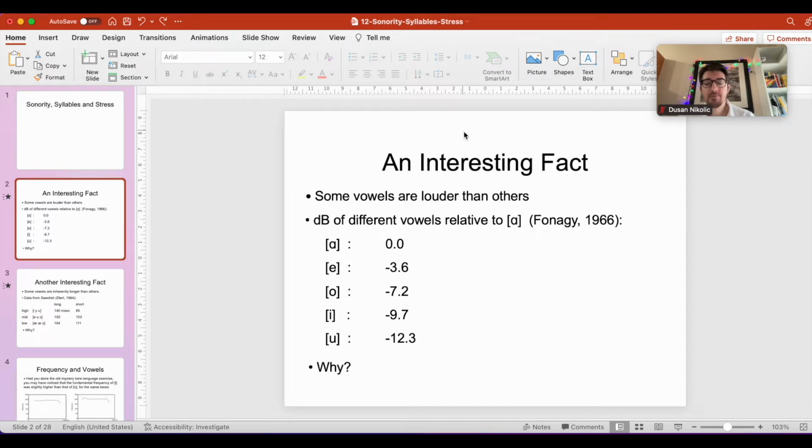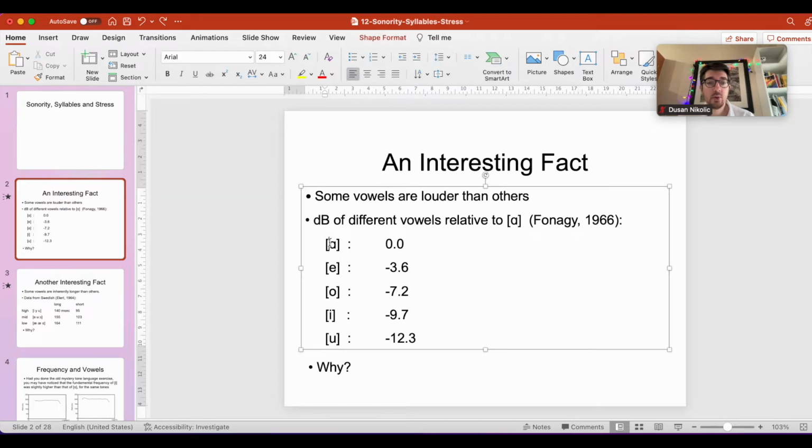For example, in a study by Fónagy in 1966, they found that relative to the vowel A, the vowel that has minus 3.6 intensity in comparison to A. Then O has minus 7.2, E has minus 9.7, and U has minus 12.3.